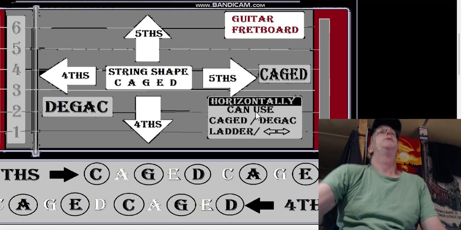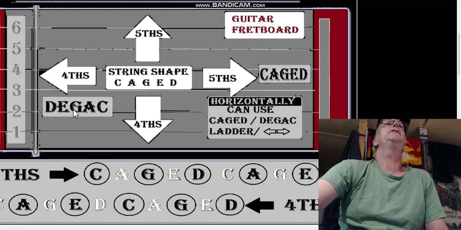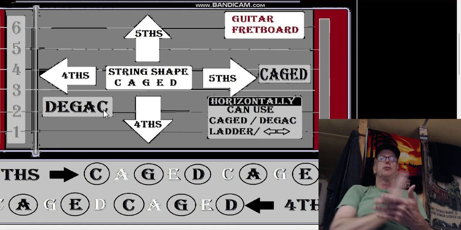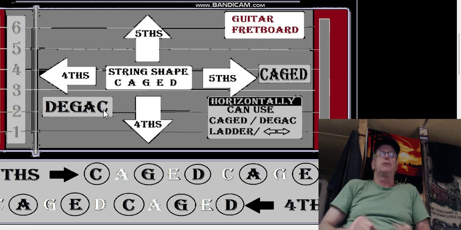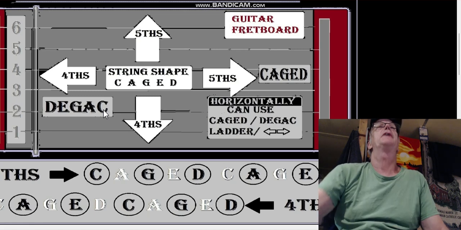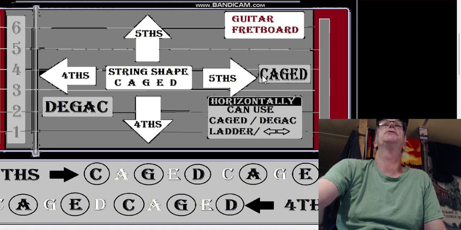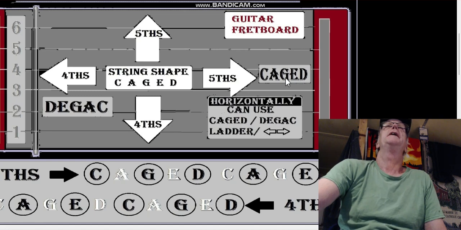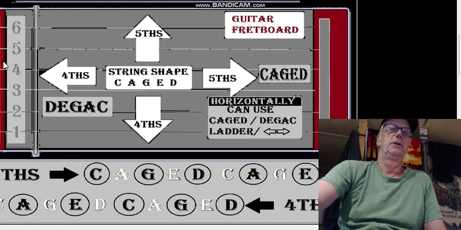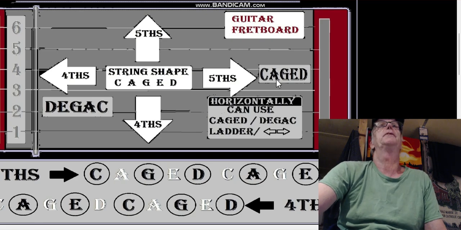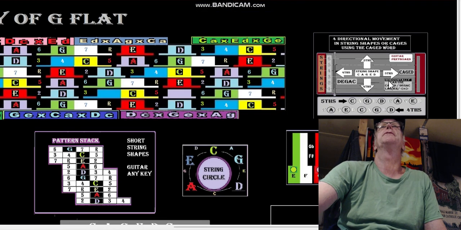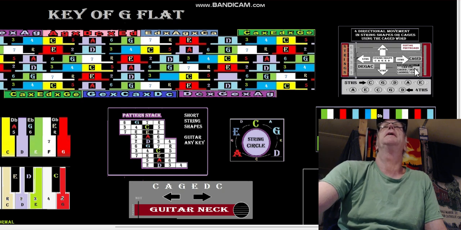The problem is when you write the word D-E-G-A-C, we tend to read it from left to right. That's why I'd rather just use the word CAGED, and then we have to read it from right to left if we're going to the left. If we're going to the right, we read it from left to right. So it's my bad there, a little misunderstanding. That's pretty much where the crisscross of the signals was.